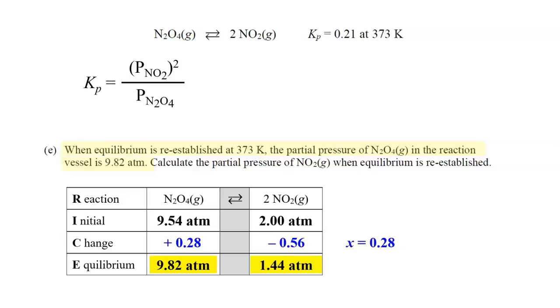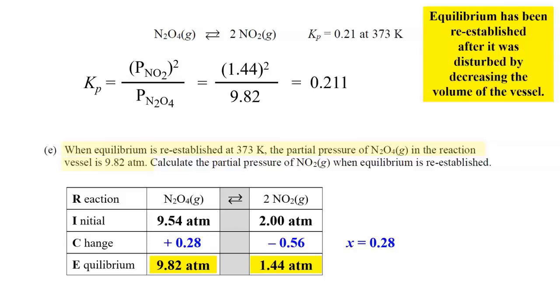So 1.44 squared divided by 9.82. We're hoping we get a number that's pretty close to 0.21 to show that equilibrium is reestablished. And yes, that number looks good. So equilibrium has been reestablished after it was disturbed, not by adding a chemical, not by removing a chemical, but by decreasing the volume of the vessel.